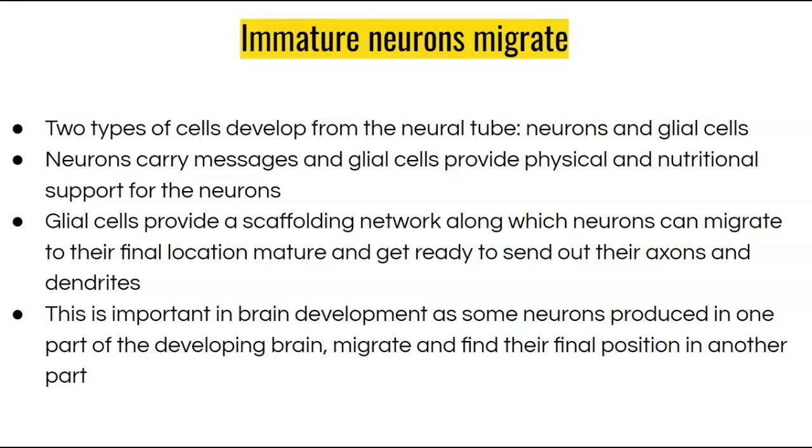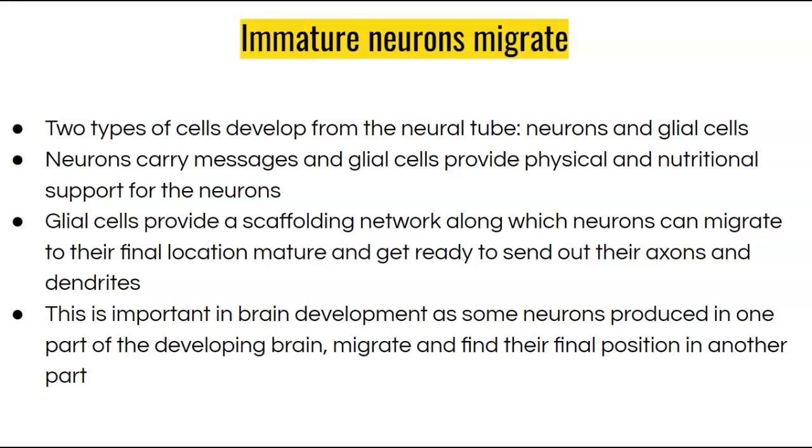So what's interesting is in brain development, as some neurons are produced, they'll get produced in one part of the brain and then migrate to a completely different spot, and that will be where they basically live for the rest of their life. Remember, neurons don't really travel that much. They send messages from neuron to neuron to neuron, but they're sort of just existing.